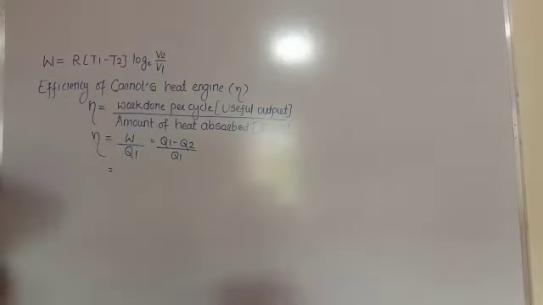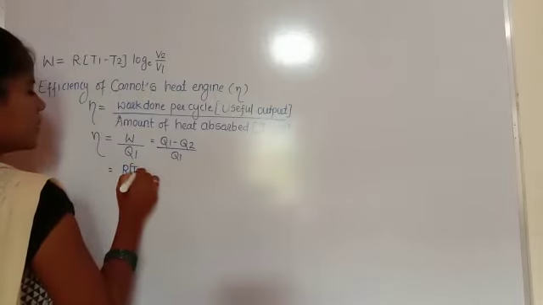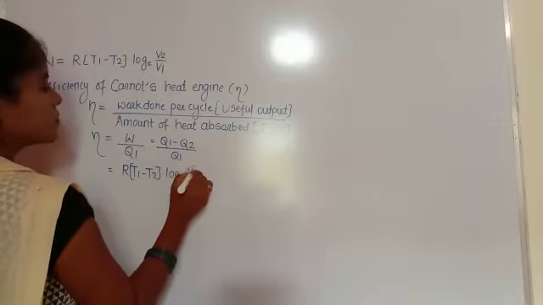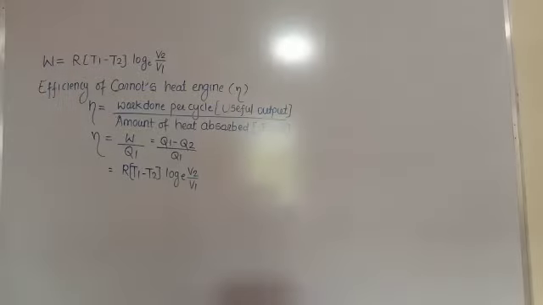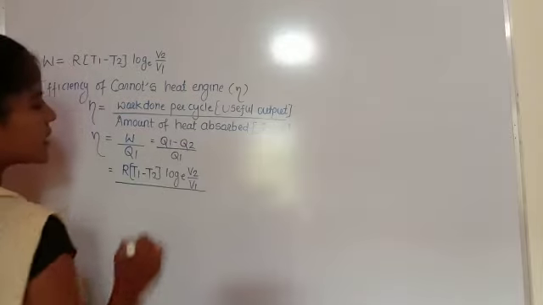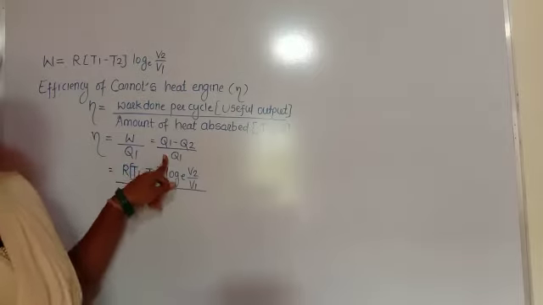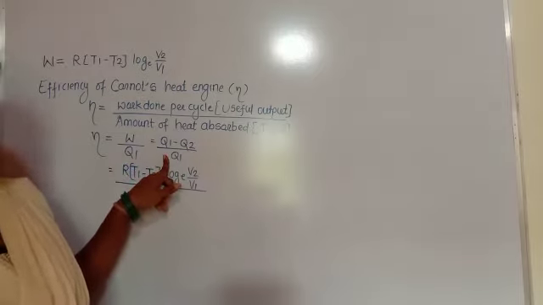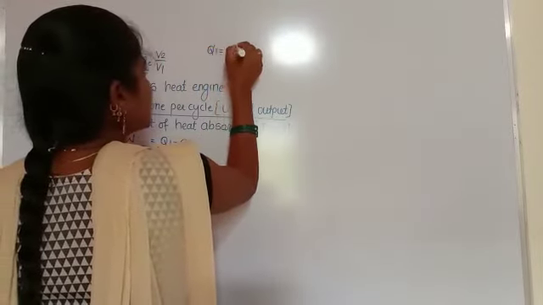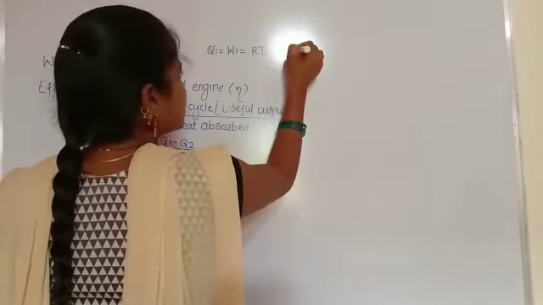Put this value in the numerator. For Q1, from the isothermal expansion, the work done W1 is equal to Q1, which is equal to R T1 log_e (V2 by V1).